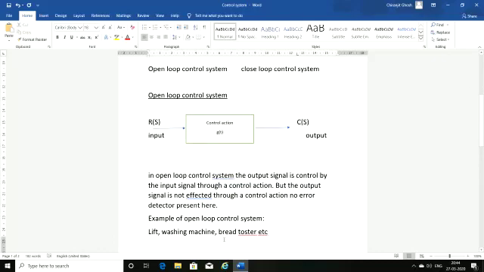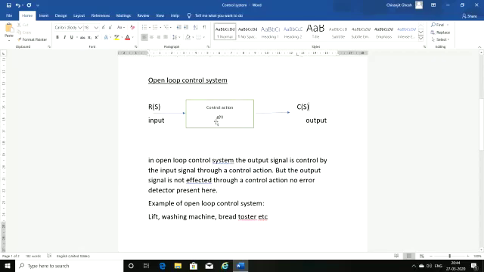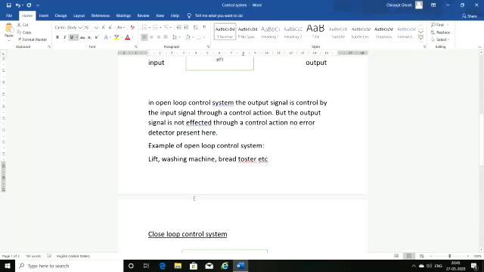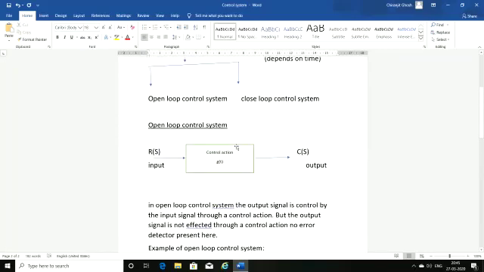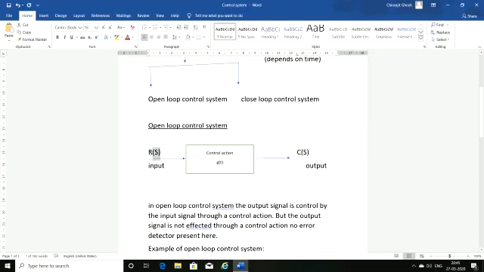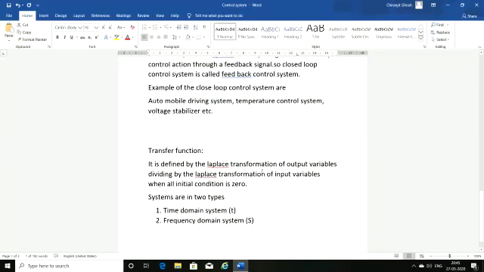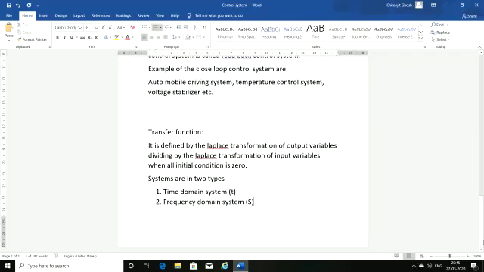From the definition of the transfer function, it is defined by the Laplace transformation of the output variable divided by the Laplace transformation of the input variable when all the initial conditions are 0. So for an open loop control system, the Laplacian output is C(s) and the Laplacian input is R(s).